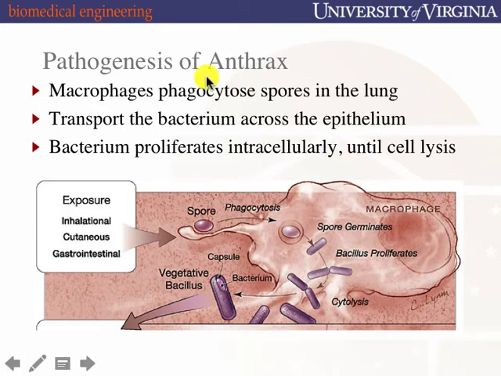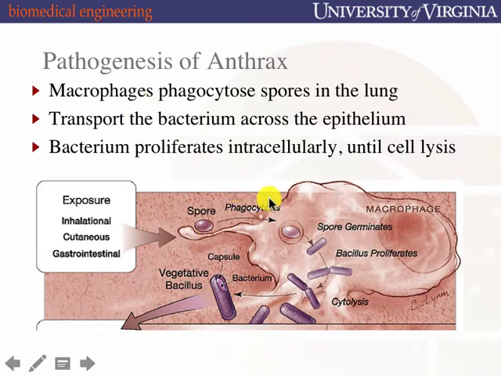The pathogenesis of anthrax quickly: the real pathogenesis is when you breathe it in, in a spore form, which is an environmentally resistant form of the bacterium that's in a latency phase.